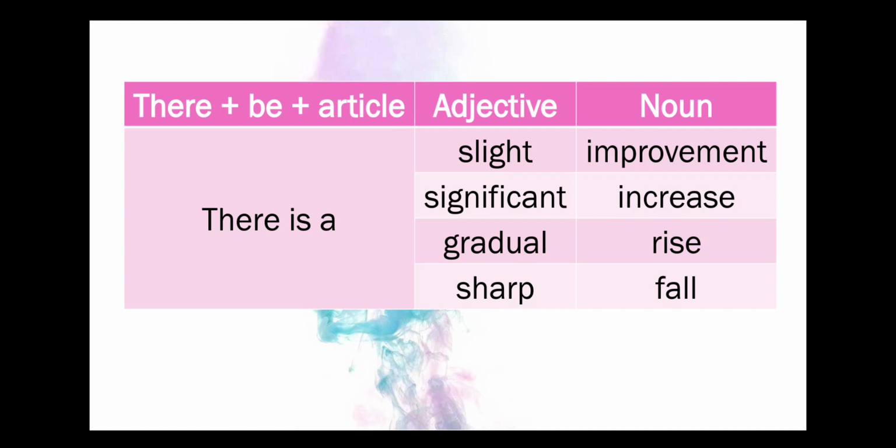So the combination would be there is a, there, then the be form, and then the article. There is a slight improvement, significant increase, gradual rise, sharp fall. So adjective and noun is used to talk about trends.